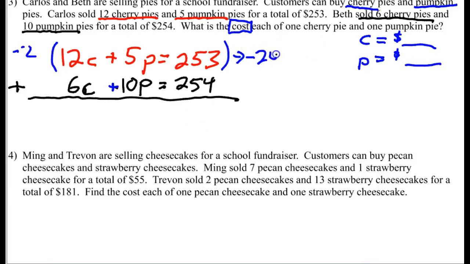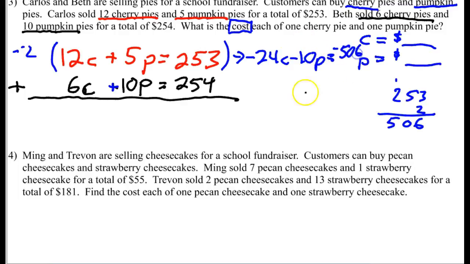So I got negative 24C minus 10P equals 2 times 253. I'll have to multiply those together. So that's going to be 506. So that equals negative 506.